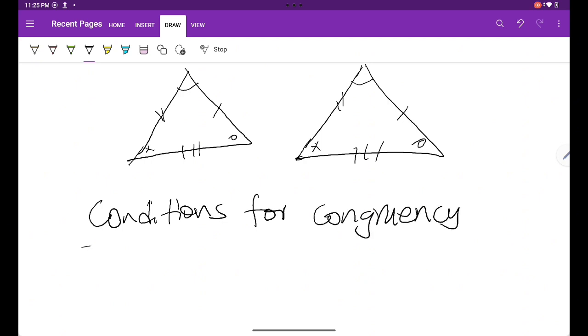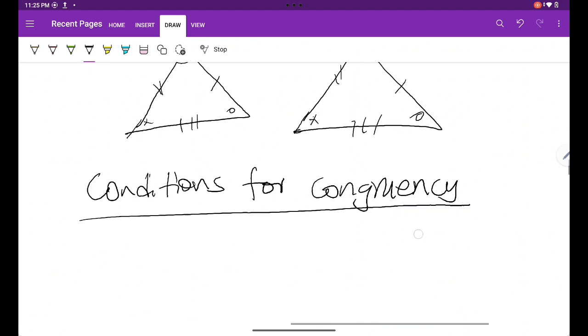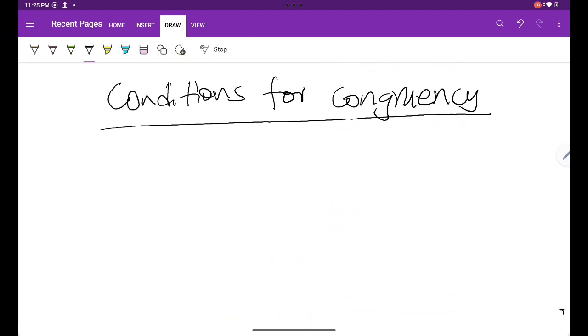Now, for us to say two triangles are congruent, they need to satisfy one of these four conditions. Number one, side, side, side. What do we mean by side, side, side?